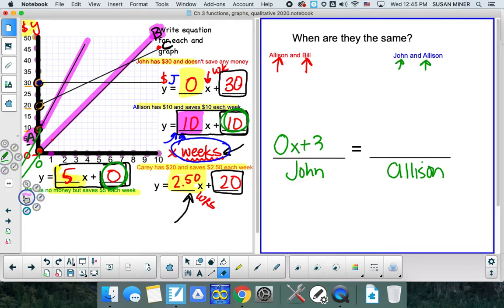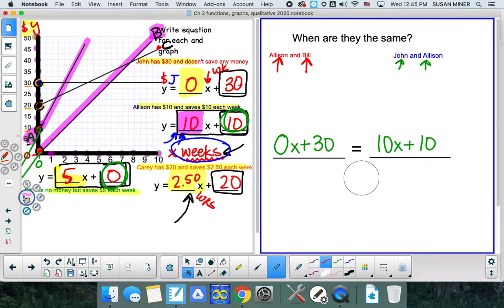He started out with 30. Allison is our 10x plus 10. So I'm setting those two things equal to each other and then just solving for x, just like our regular equation solving that we were doing before. So this one, my 0 x's, right?